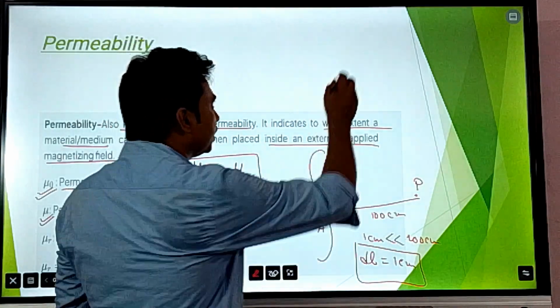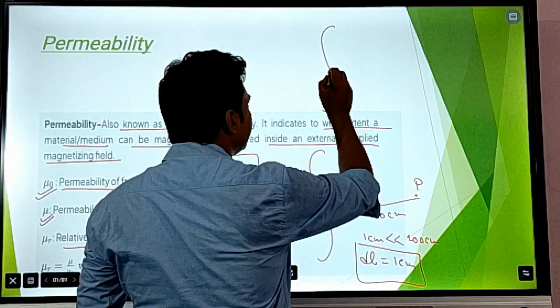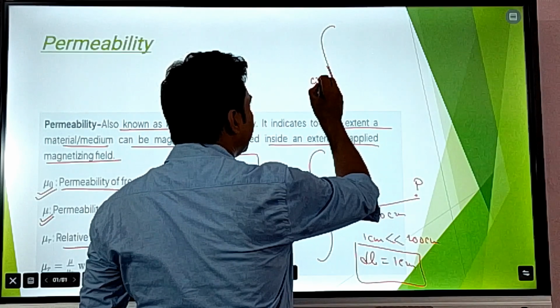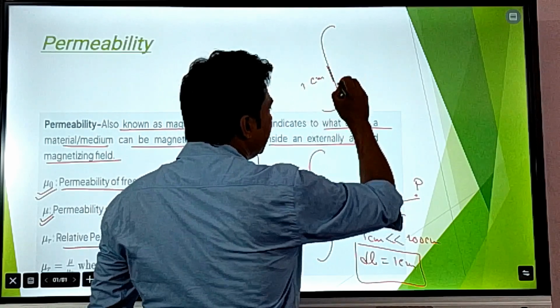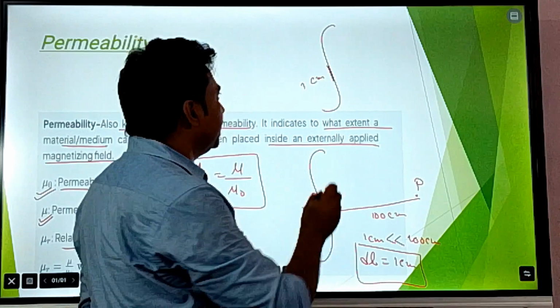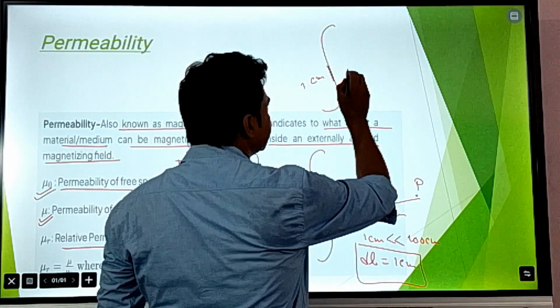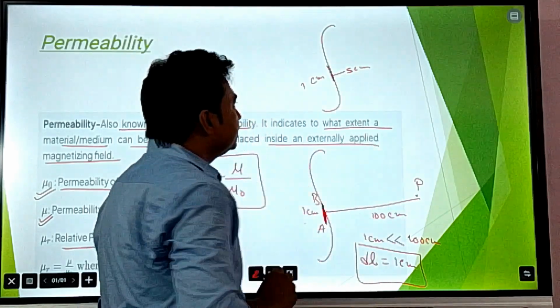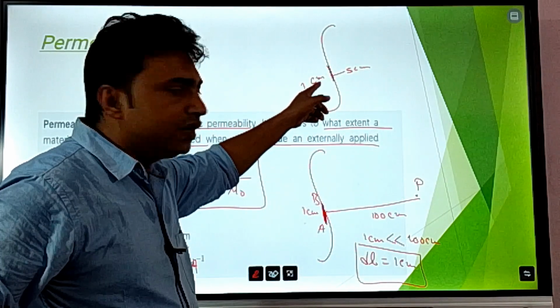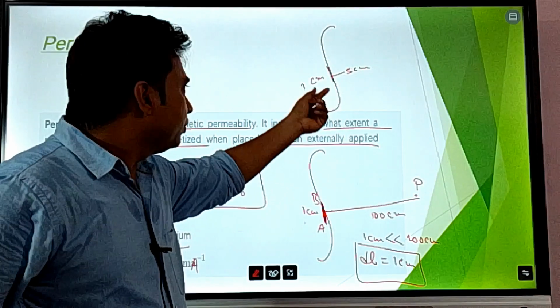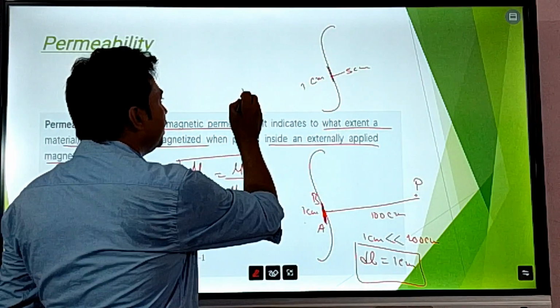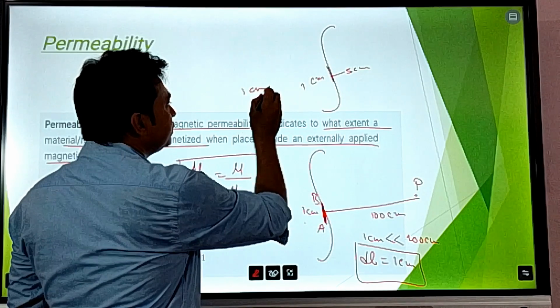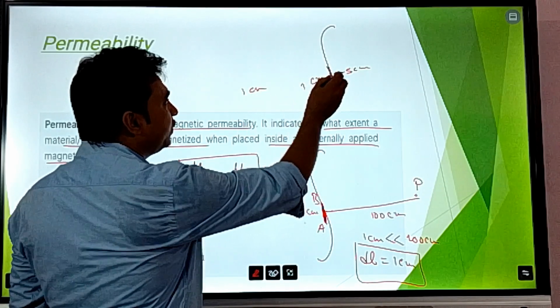But if this is our 1 centimeter length on the wire, and I am interested in finding the magnetic field at a distance of 0.5 centimeter from the wire, then in that case this 1 centimeter cannot be considered a current element, because 1 centimeter is not very small compared to 0.5.